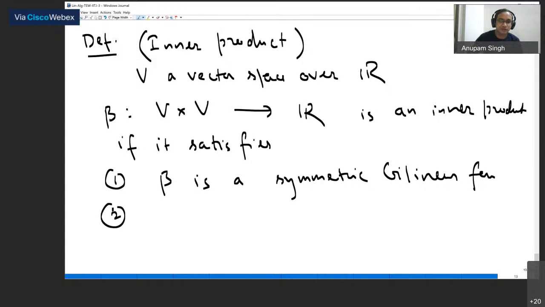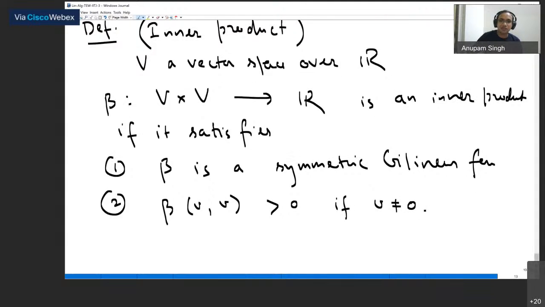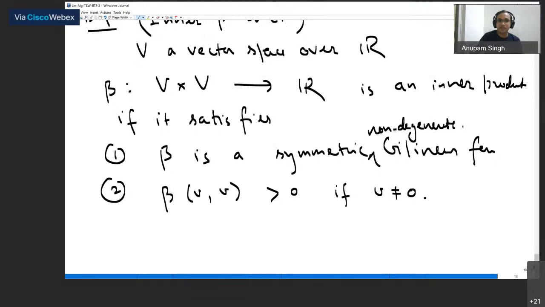So what is the meaning of positive definite? Beta of V comma V is greater than 0 if V is not 0. I think non-degenerate follows, but for the sake of convenience, you can write beta is symmetric non-degenerate here. So this means an inner product is a special example of a symmetric non-degenerate bilinear form.